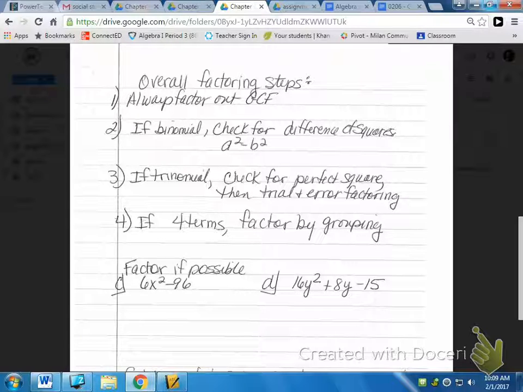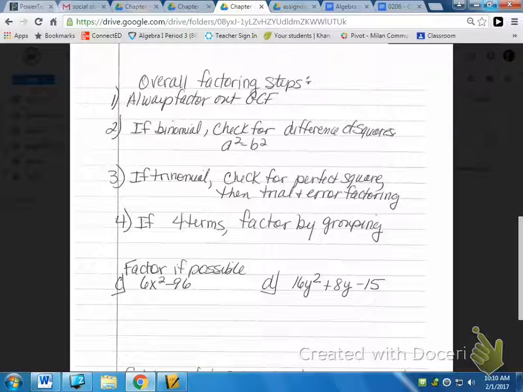Step 2, if it is a binomial, after step 1, the only other thing you can do with a binomial is check to see if it's a difference of squares, a squared minus b squared. If it is not, you would be done. If it is not a squared minus b squared, a difference of squares, then you would stop after step 1.